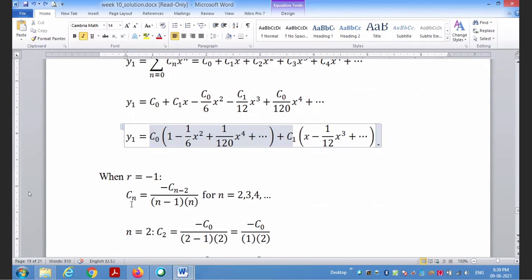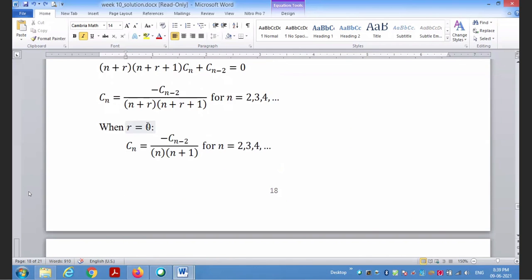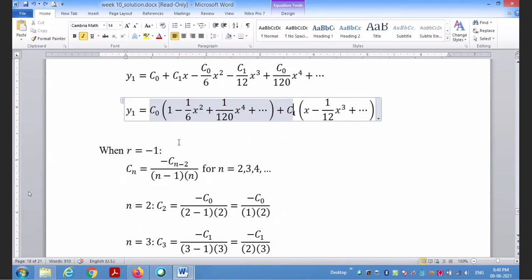When r equal to minus 1, now Cn equal to minus Cn minus 2. So you replace here n equal to 1, n equal to minus 1. So you have r minus 1 times r, minus 1 plus 1 is equal to 0, and that's why you have this, right?